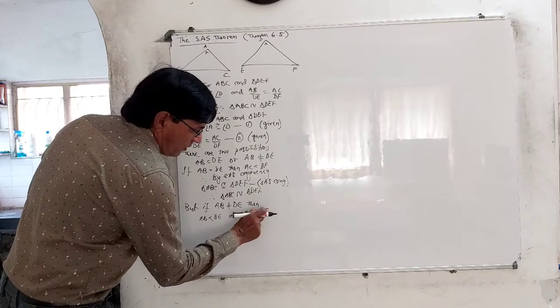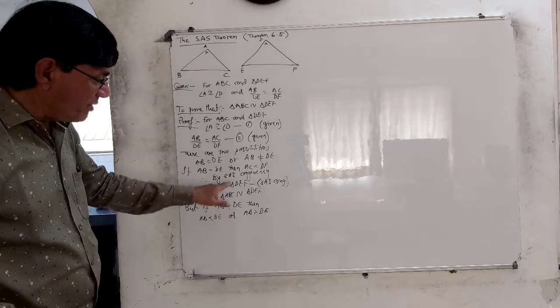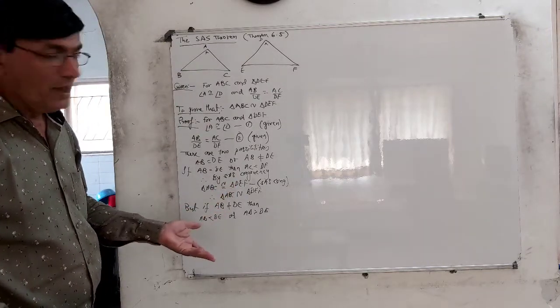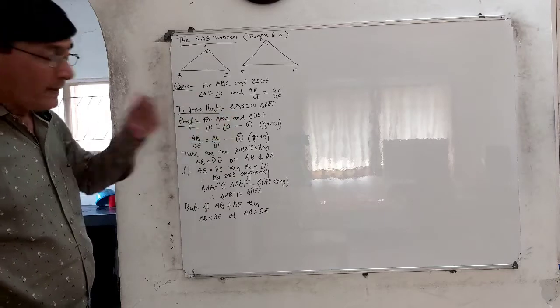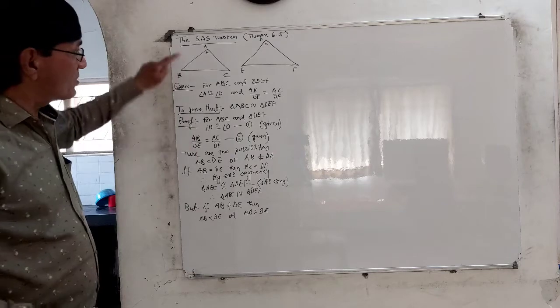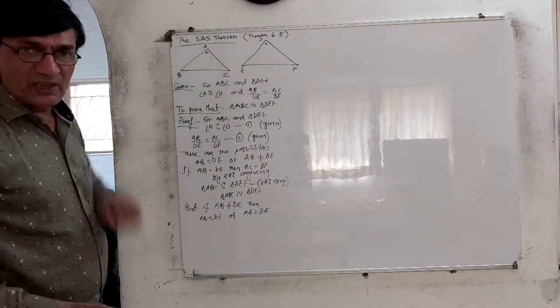There are only two possibilities. If AB is equal to DE, we have shown that the triangles are congruent, and if they are congruent then they are similar also, which is what we have to prove. But suppose AB is not equal to DE, then again there are two possibilities: AB may be greater than DE or AB may be less than DE.